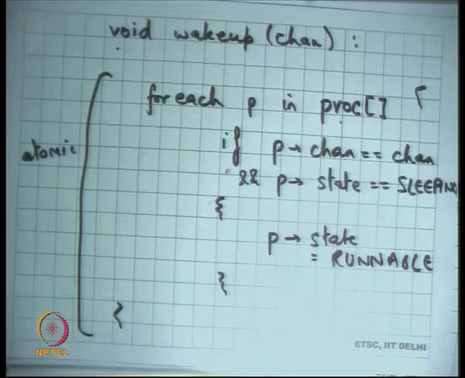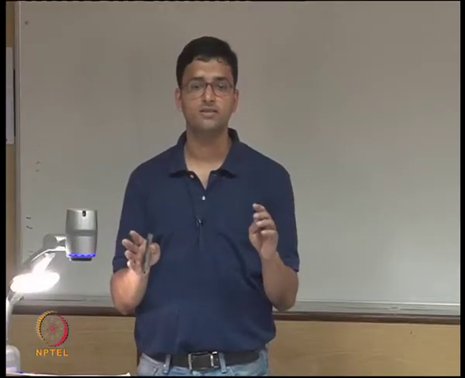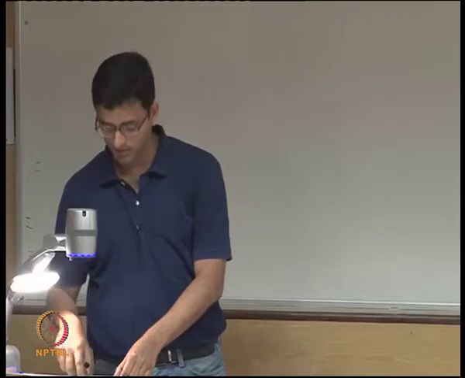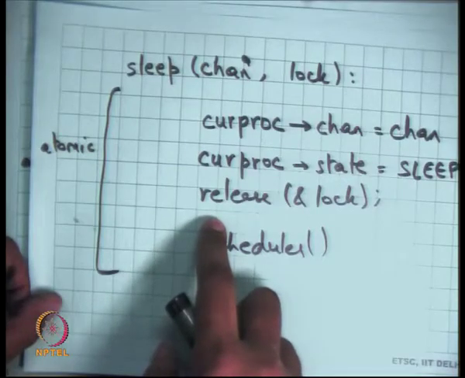How do you ensure atomicity? By a lock. So what do you think is the easiest option here? Just have a lock for the entire p table. Good enough. So just have a lock for the entire p table, have acquire ptable here and release ptable somewhere here.